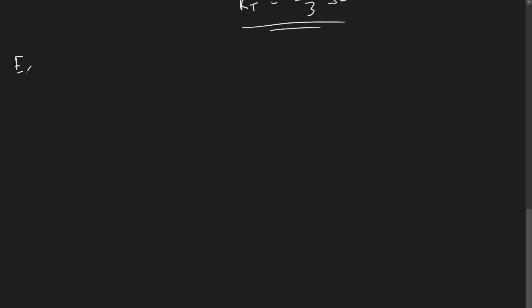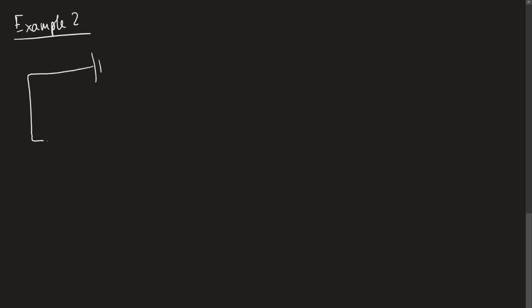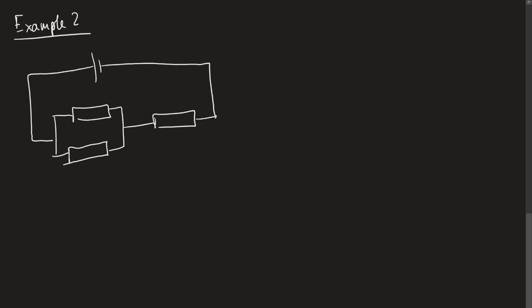Example 2 is a very, very common setup in exam questions. They will usually have a battery, and then this will split off into 2 resistors, and then have another resistor here. If I wanted to be mean, I could also put another resistor in parallel here, but I'm going to try and keep things a little bit nice for this.